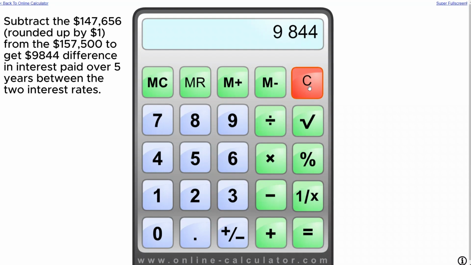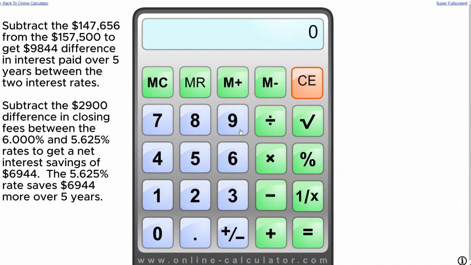All right. So from this 9,844, we have to subtract the difference in closing fees. The difference in closing fees was about $2,900. You pay $2,900 more for the 5.625 rate. So we need to factor that in there.